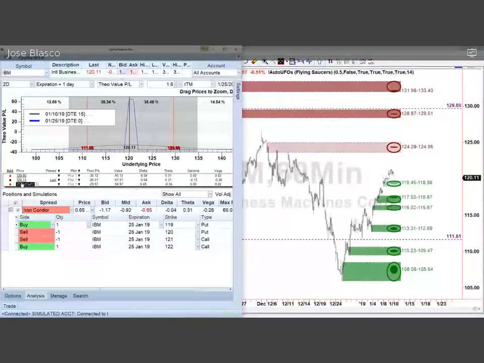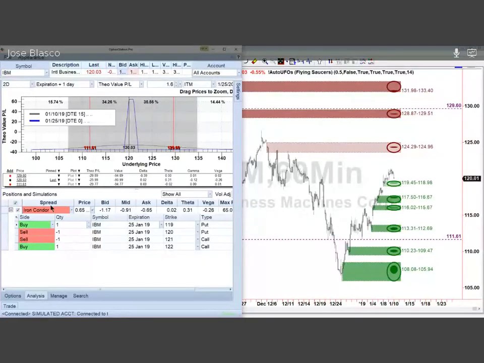Very good. Let me see. Yes, 111.61. Okay, so we got it. I've got my upper boundary 129.60, the lower boundary 111.61, and the current price, which is in the middle, 120.03.